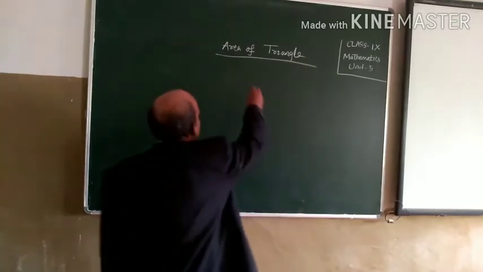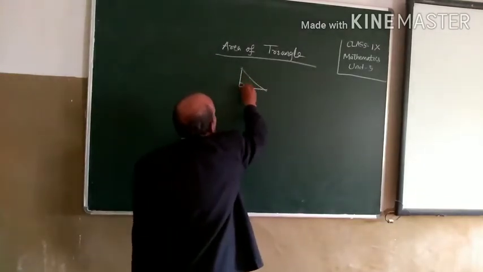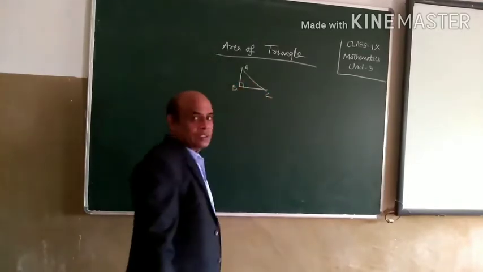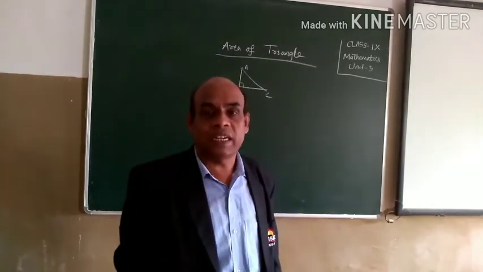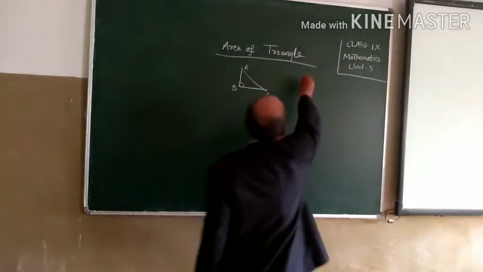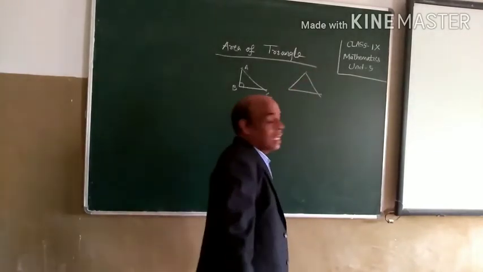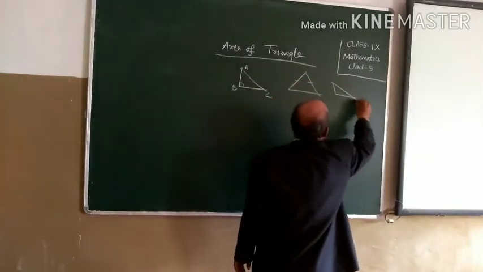Already we know triangles are of different types, like right angle triangle, similarly isosceles triangle, similarly scalene triangle.